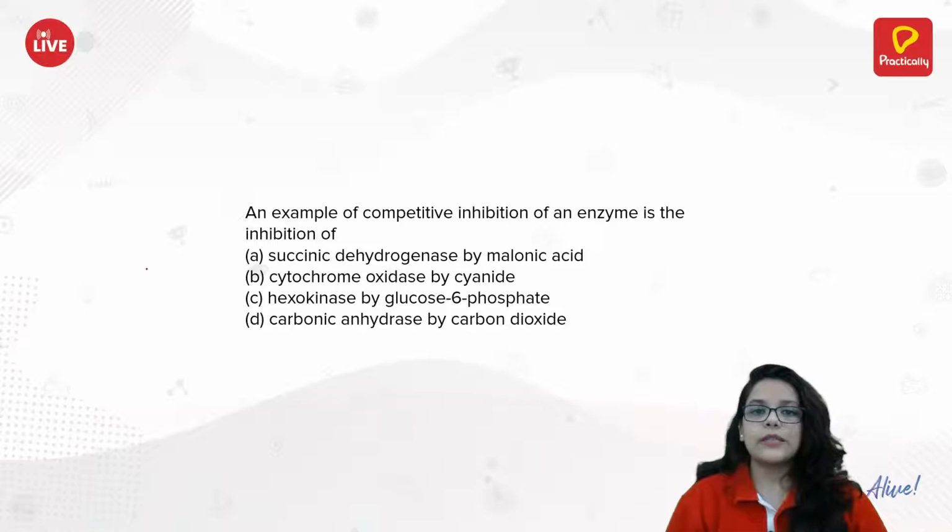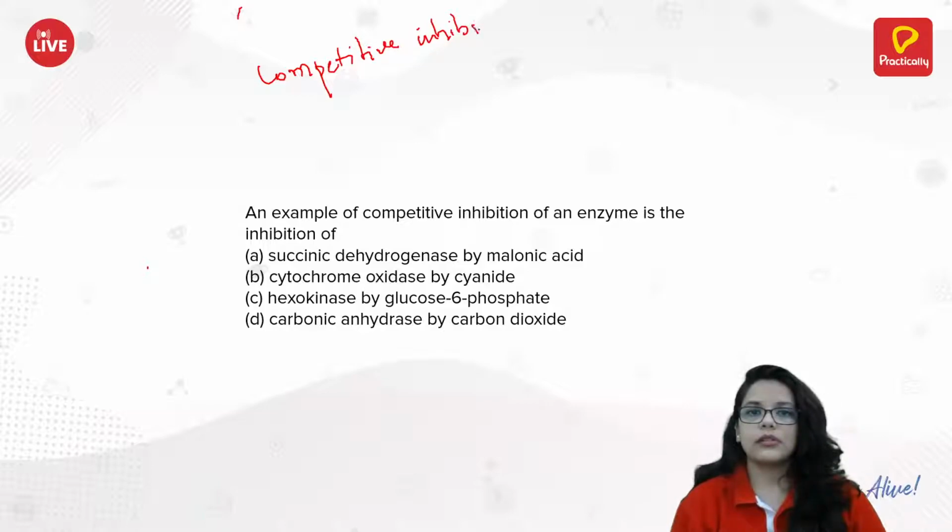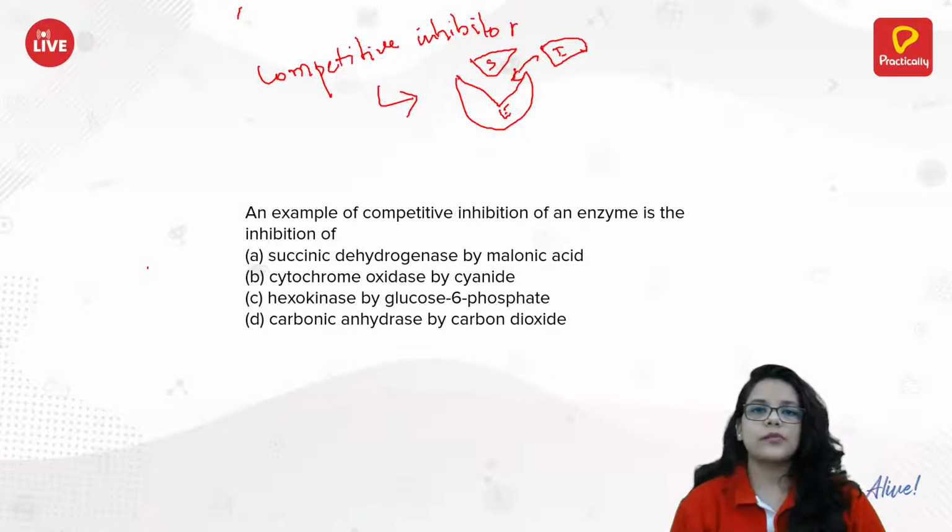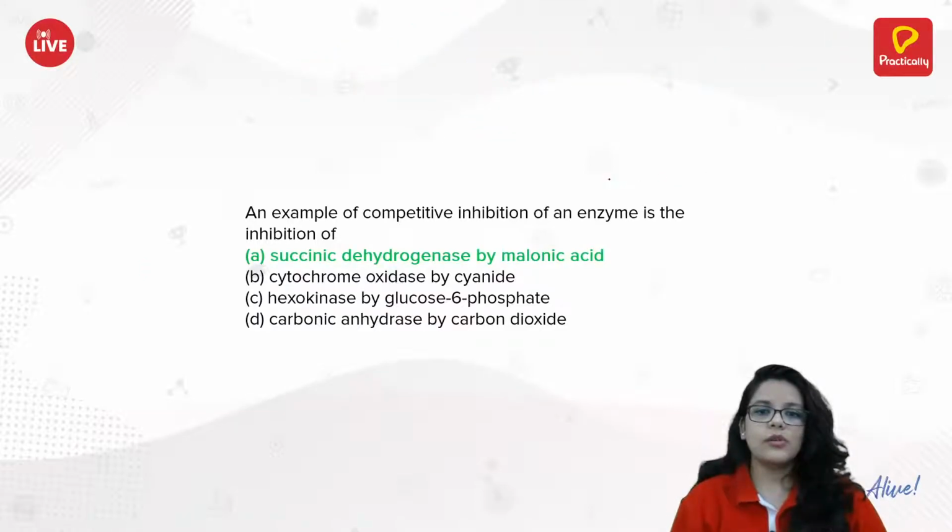An example of competitive inhibition of an enzyme is the inhibition of succinate dehydrogenase by malonic acid, cytochrome oxidase, hexokinase, or carbonic anhydrase. So, competitive inhibitor: there is an enzyme, and instead of the substrate, another molecule, the inhibitor molecule, comes and sits, such as the example we gave, succinate dehydrogenase.